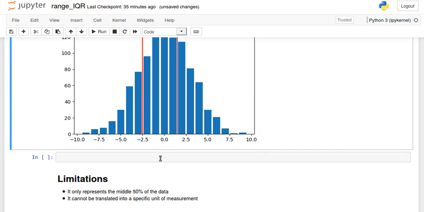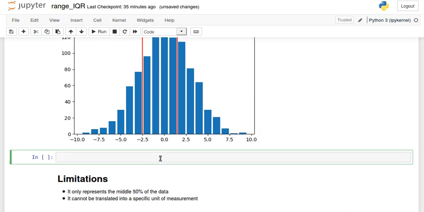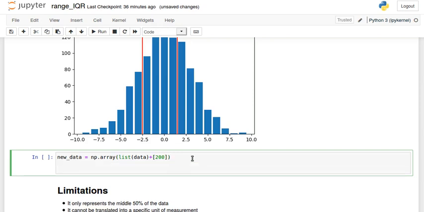So let's check if that is correct. For that, we will add an outlier to our data. This time we will add a heavy outlier, that will be 200, and let's check whether this affects the interquartile range or not.